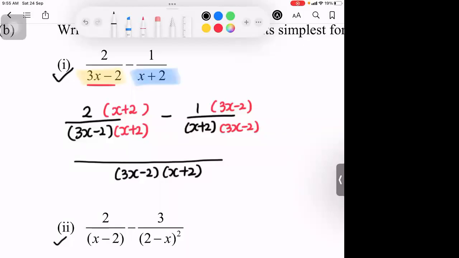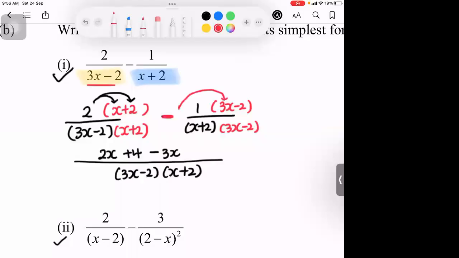Then this one I need to expand. 2 times x, 2x. 2 times x plus 2, 4. Next one, this one must be careful. Negative 1 times 3x, negative 3x.